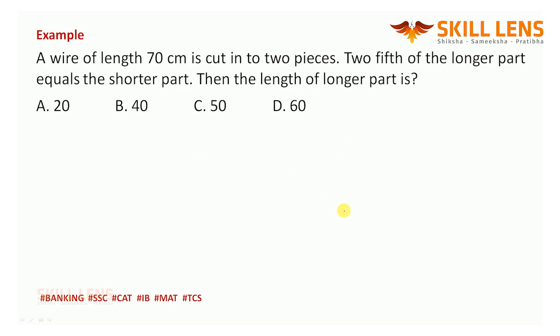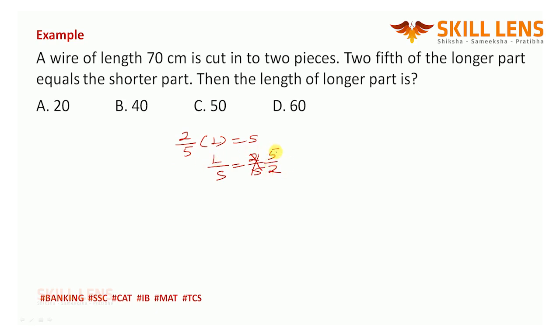Then what is the logical way of doing the question? In the moment you see 2/5 of the longer part equals the shorter part, can I write L by S equals 5 by 2?